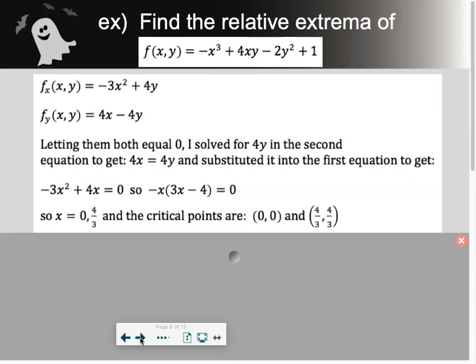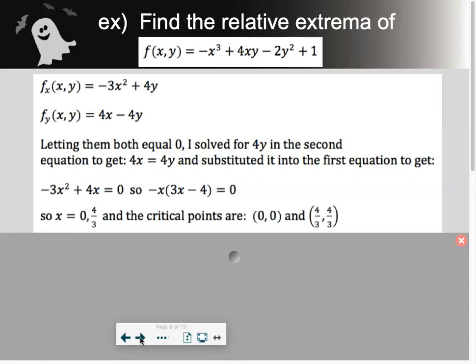So I got f_xx is, well, you are doing xx, xy is 4, yx is 4, and yy is, oh, okay. Alright, we got that. So now if we find D, you're going to find a D value for 0, 0 and a D value for 4 thirds, 4 thirds.